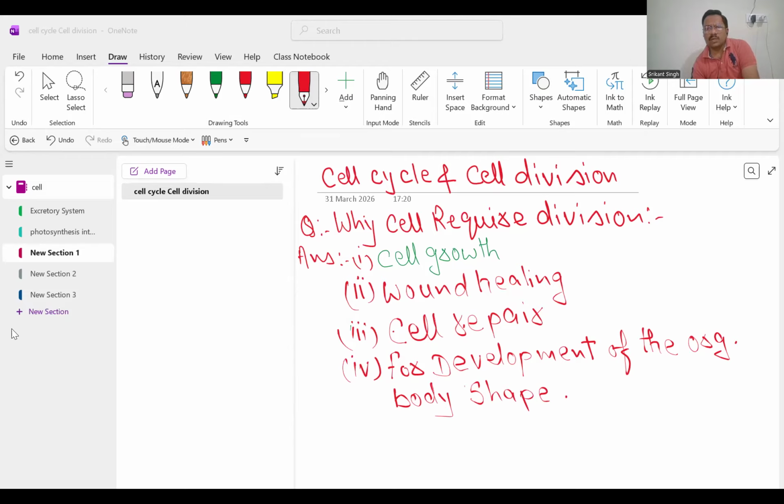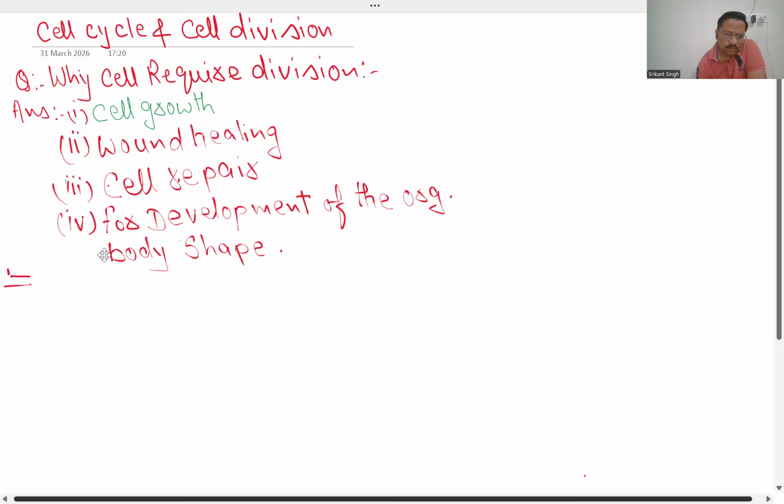Now, there are two types of cells, beta. Always remember, there are two types of cells. First is the somatic cell.